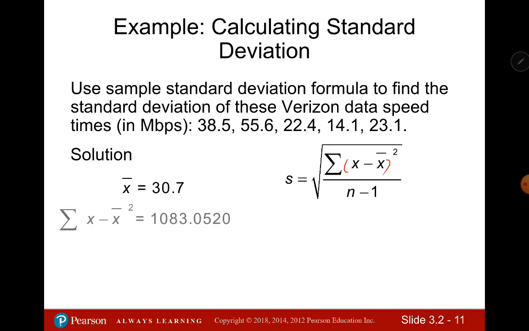Then each x should minus x bar, then take the square. After that, we get the sum of all the squared terms, then divide by n minus 1. You see here we have 5 values, so n is equal to 5, and n minus 1 is 4.